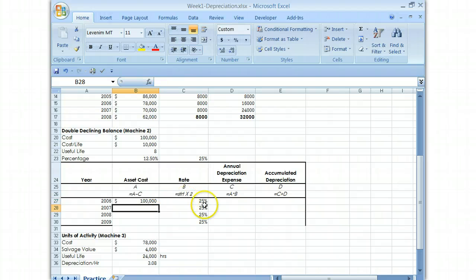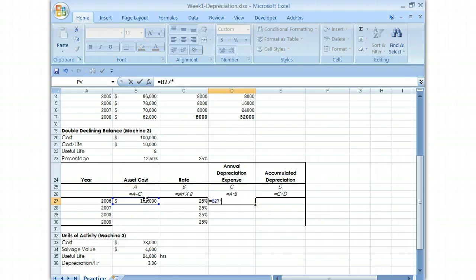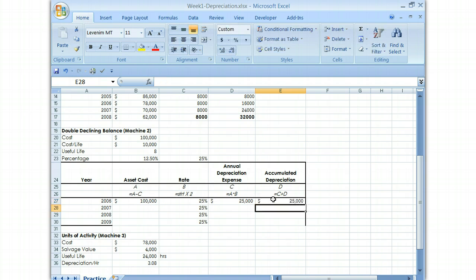And then we want to, in column C here, multiply A times B. So we're going to do our 100,000 times 25% to figure out how much depreciation in the first year. And then of course to get our accumulated, that's just going to be 25,000 in the first year.